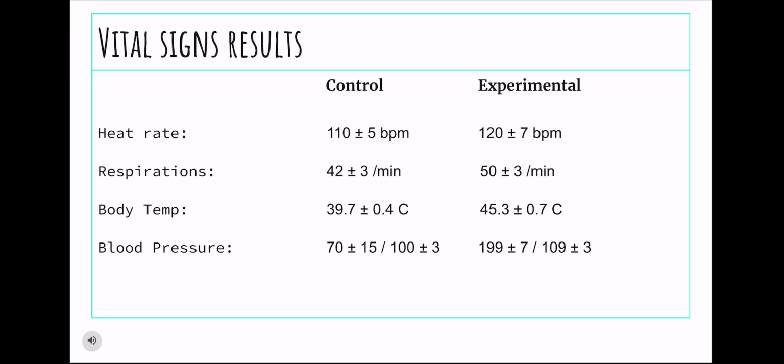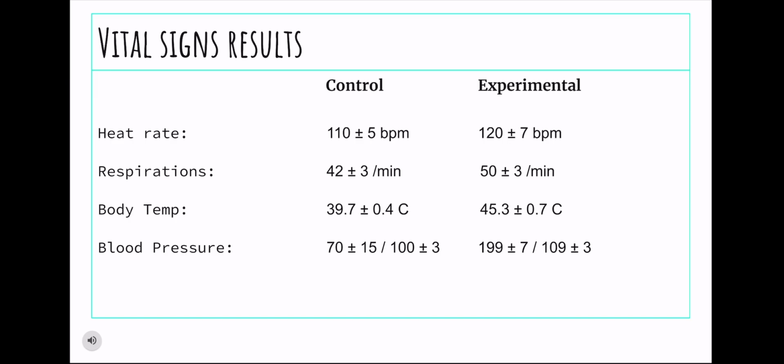So for the vital signs results, we had two separate categories. We had control and experimental. So for the heart rate, for the control, we had 110 beats per minute. And for experimental, we had 120 beats per minute. Respirations, we had 42 breaths per minute for the control and 50 breaths per minute for the experimental. The body temperature for the control was 39.7 degrees, and for the experimental, it was 45.3 degrees.